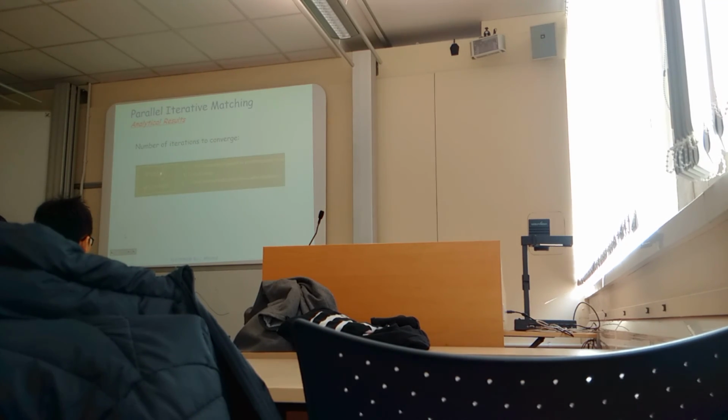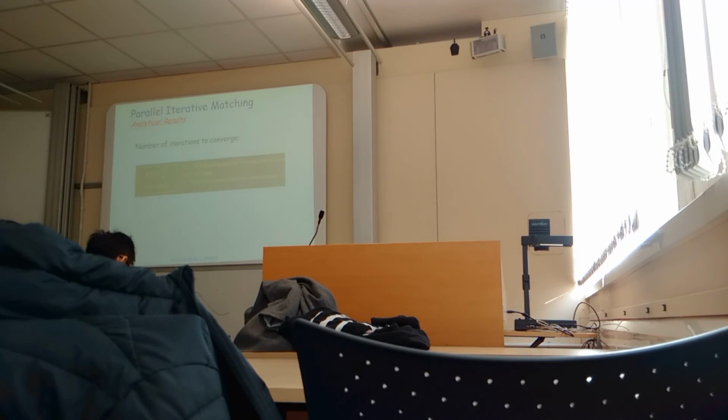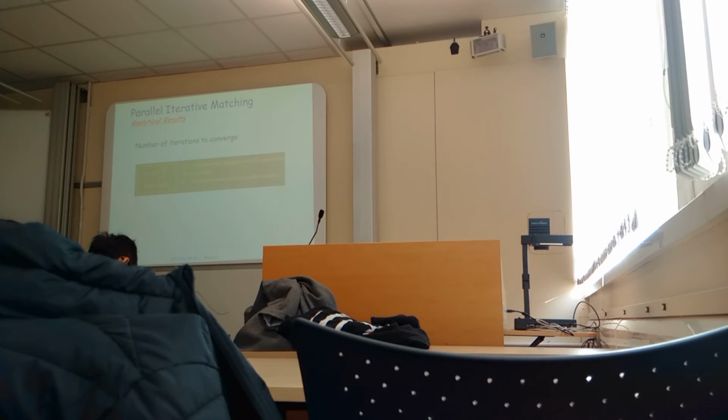Now this is also important. You know what it says there? It says the expected number of unresolved connections after iteration i. You know what's the consequence of the first line? It says PIM is expected to resolve 75% of the connections each iteration.